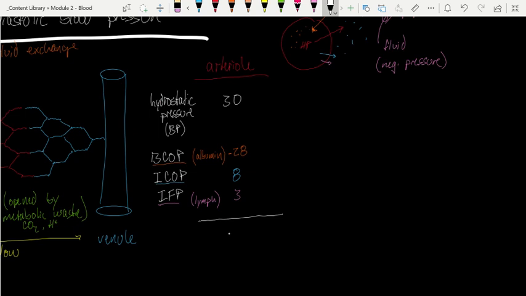So we have a plus 41, and we have that minus 28, and that gives us a net directional pressure of 13 millimeters of mercury, and that pressure is going out.